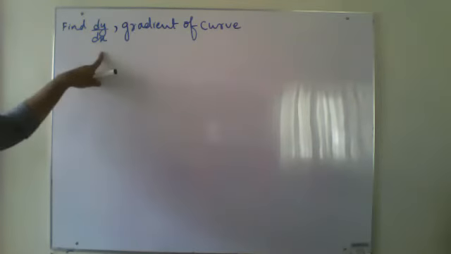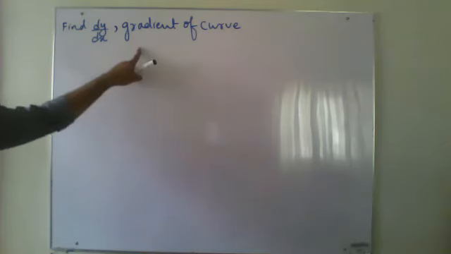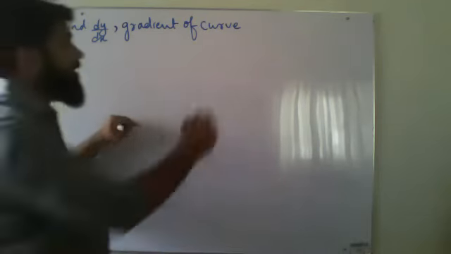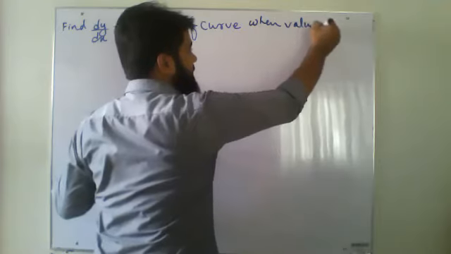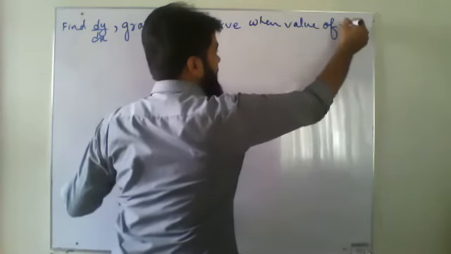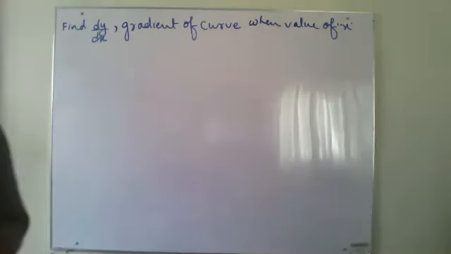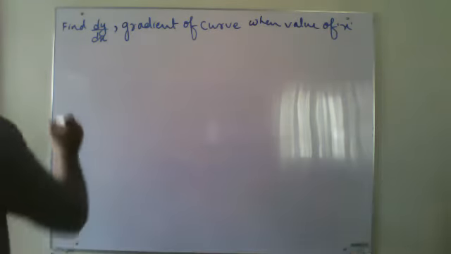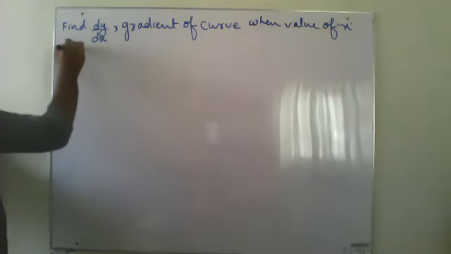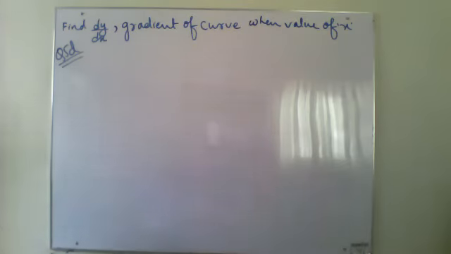Find dy over dx and gradient of curve when value of x is given. Okay, this is the thing they are giving us over here. So they are already telling us what we have to do first and then how we are going to move in this one. Okay, this is question number 5 of exercise 15.2.